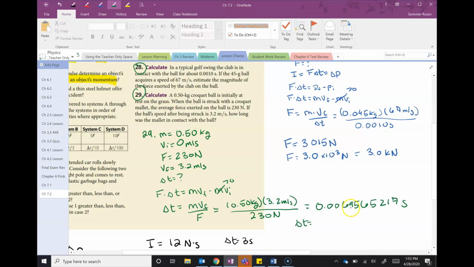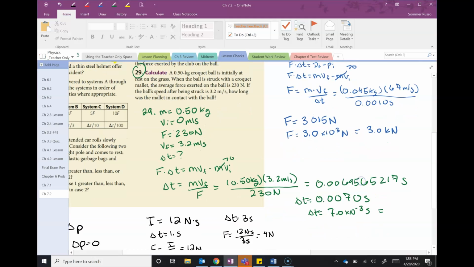Well, 9 rounds up to 10, so that's going to round up. So we're going to have 0.0070 seconds. We can also put this into scientific notation: 7.0 times 10 to the negative 3 seconds. Or if you are feeling like using our prefixes, it's going to be 7.0 milliseconds. So that is what we are looking at here.